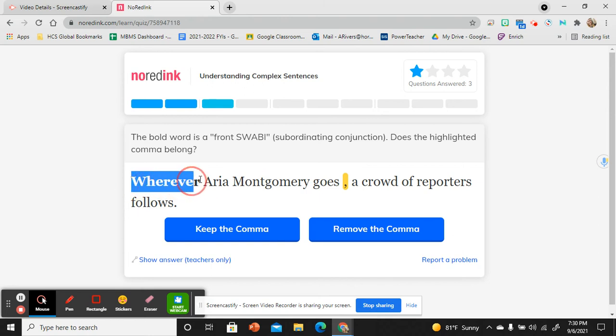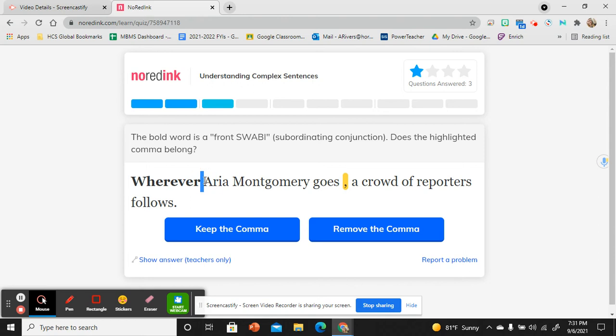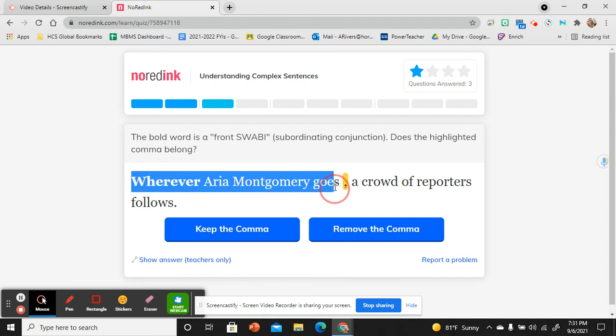When we slap this subordinating conjunction in the very beginning of our sentence, we're changing this first part of the sentence, and we're taking this independent clause right here, Aria Montgomery goes, and making it a dependent clause.